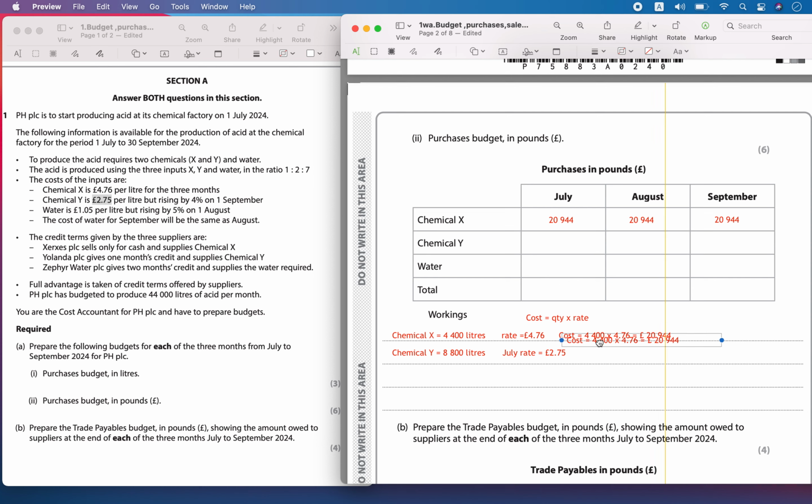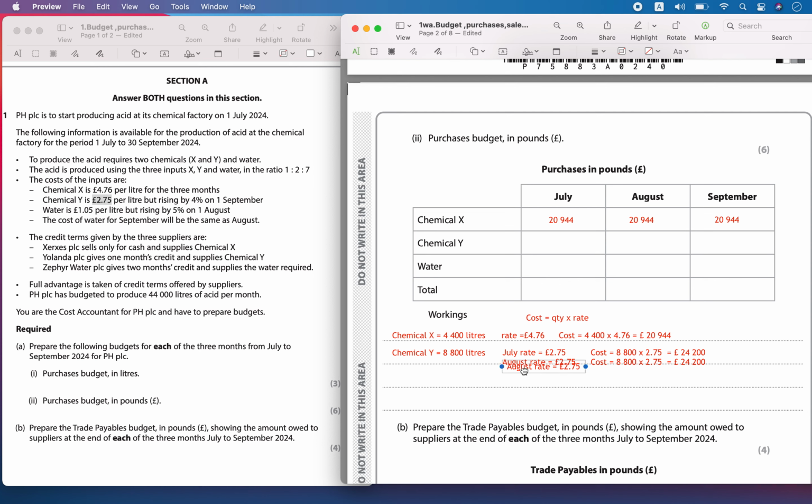The July cost is equal to 8,800 times 2.75. So that is equal to 24,200. For the August, the rate is the same, so the cost will be the same for the August cost.